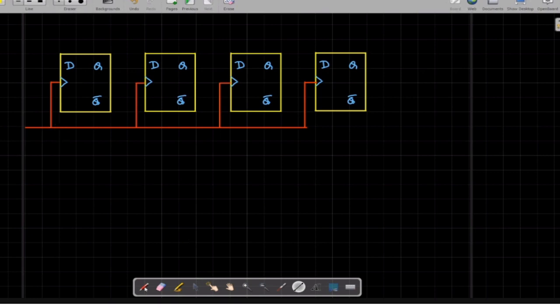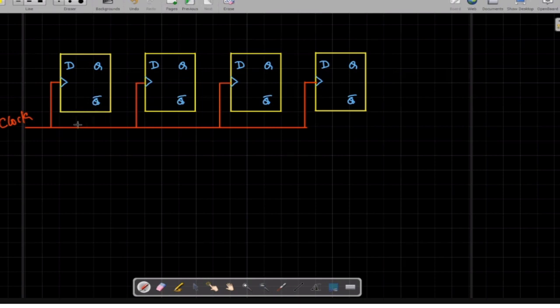We have to set one flip-flop, and interestingly, in this ring counter we are not going to use the input terminal D. We are going to set these flip-flops using the preset and clear terminals, which we discussed yesterday in the lab session.